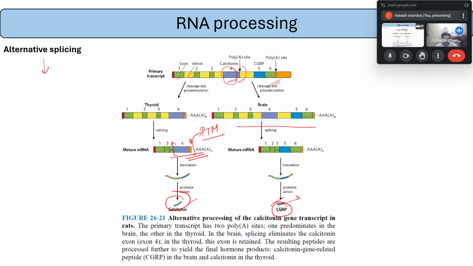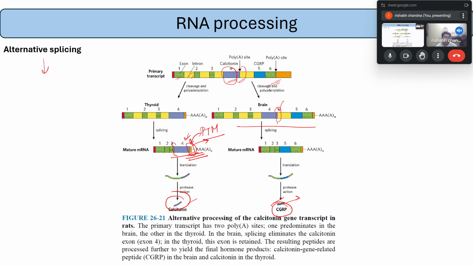And so what happens here after this? The spliceosome will not be able to recognize any of the introns. So that will help in retaining that particular intron or the polyA site. What will happen? This site will get activated, and here the cleavage will be there in thyroid. But in brain, the first polyA site will be masked by post-transcriptional modifications by different proteins.